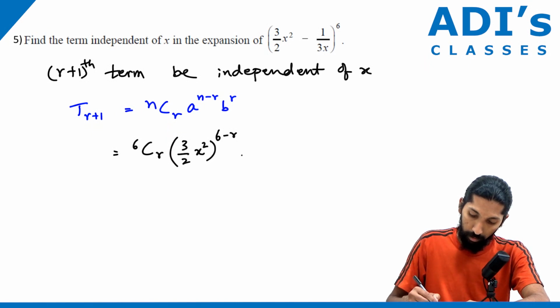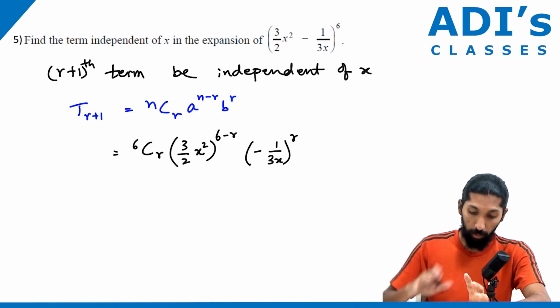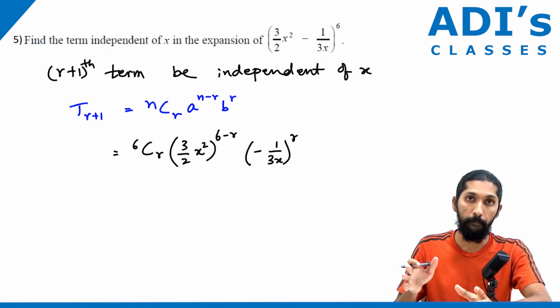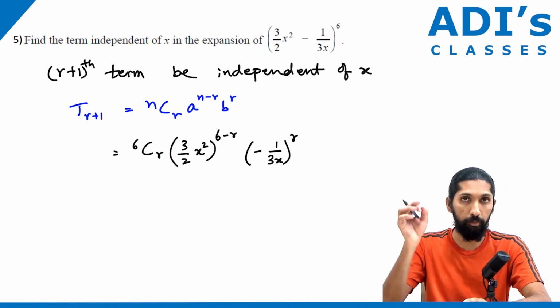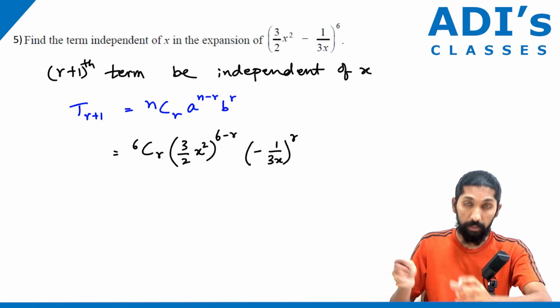Into minus 1 by 3x whole to the power of r. Do you know the value of r? No. Now what we'll do is take only the variable x, not the constants like 3 by 2 and minus 1 by 3, only the variable x. Now segregate that.